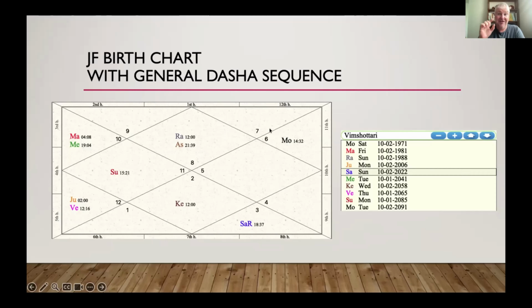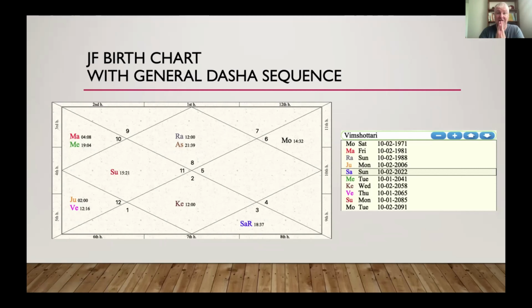When we are talking about the rashi, or the constellation, we are using numbers as well, and that's why it can be a little bit confusing. And 1 here is actually Aries, that's Taurus, that's Gemini, that's Cancer, Leo, Virgo, Libra, Scorpio, Sagittarius, Capricorn, Aquarius, and Pisces.